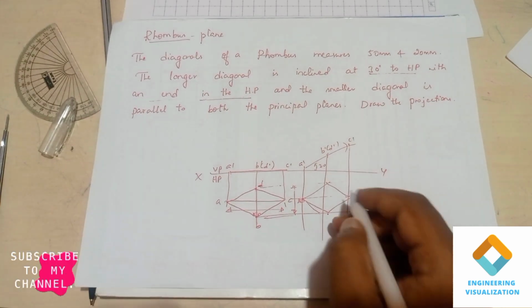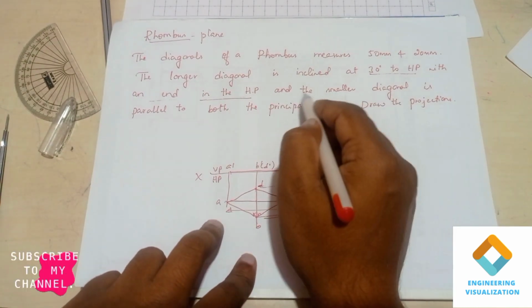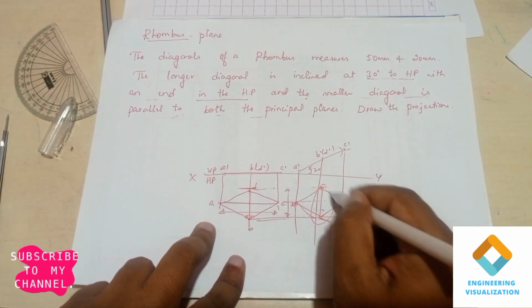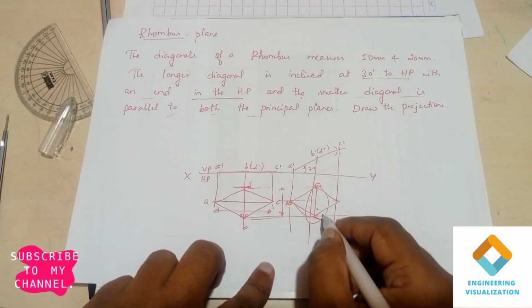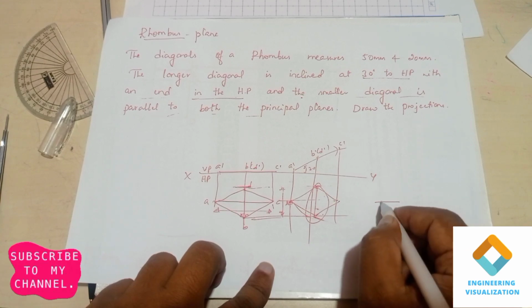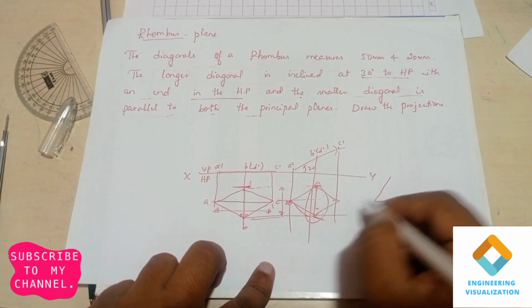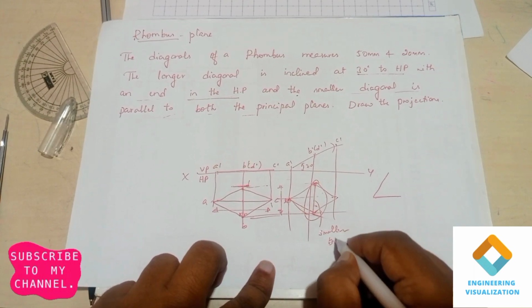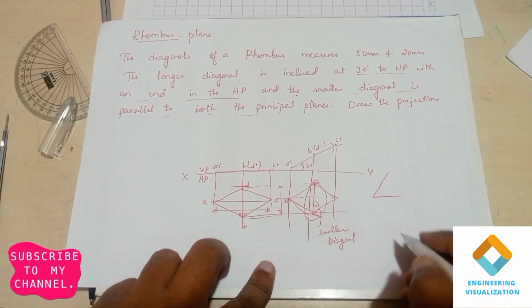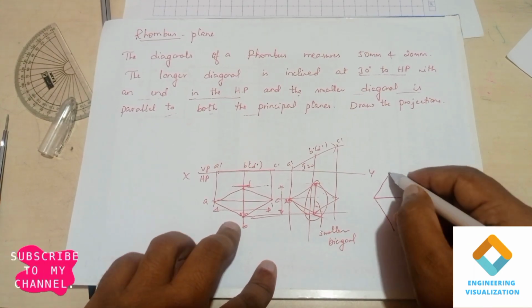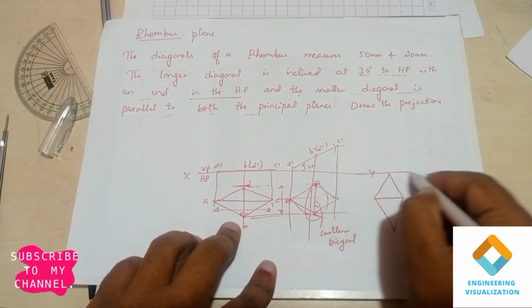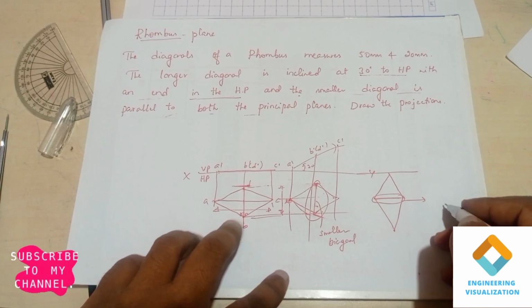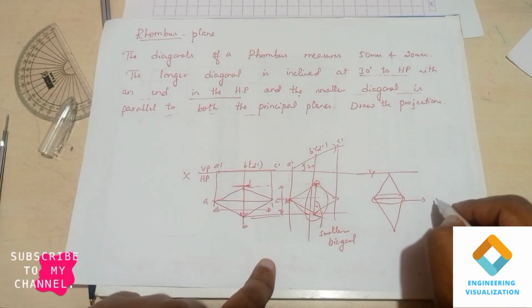Now the smaller diagonal needs to be parallel. In this position it is parallel to HP. Now we can make it parallel to the VP plane by rotating it exactly 90 degrees and then constructing it. So this is the smaller diagonal, which is now parallel to the VP plane.